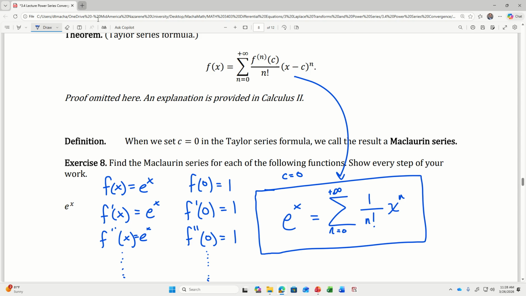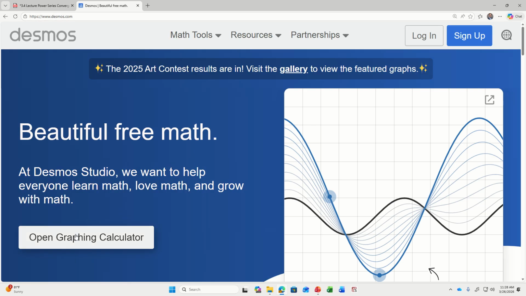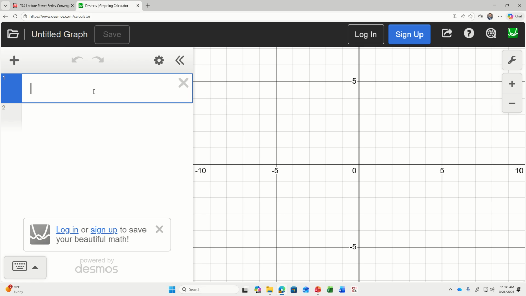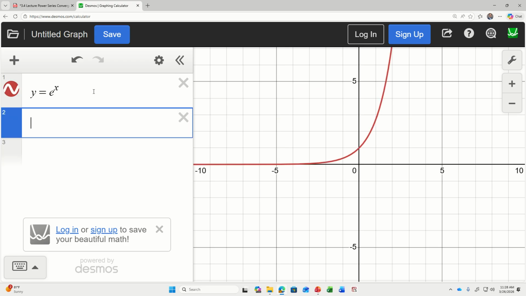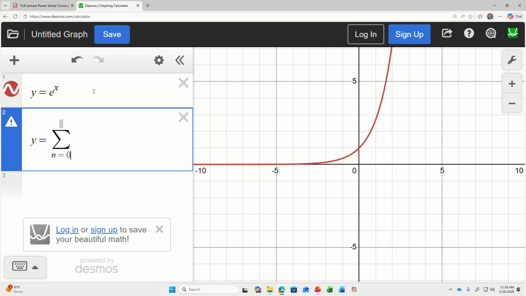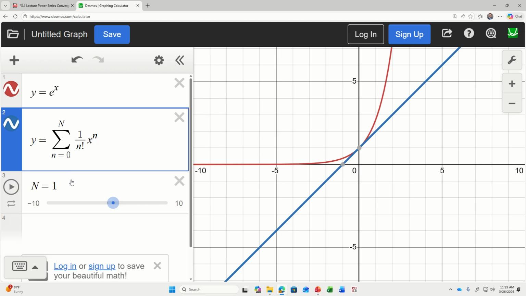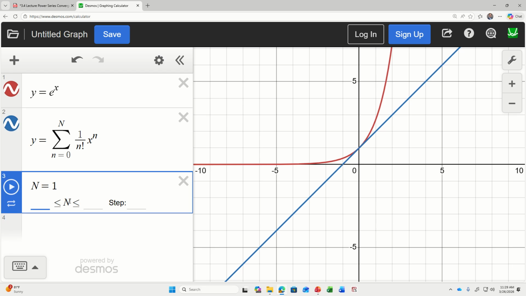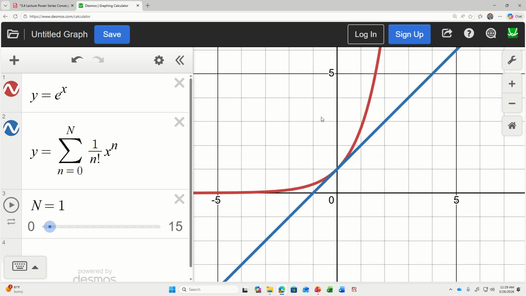I think one of the coolest demonstrations, and hopefully you've already seen this, but one of the best things you can do in Calculus 2 is this. Okay, in red, that's my function e to the x.